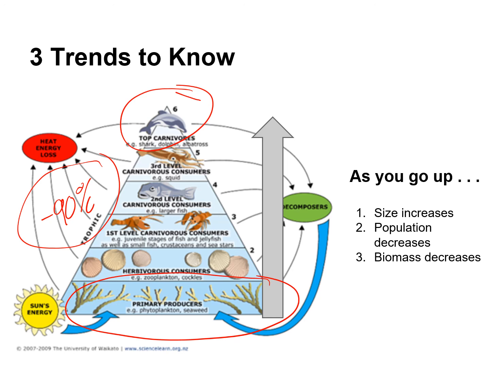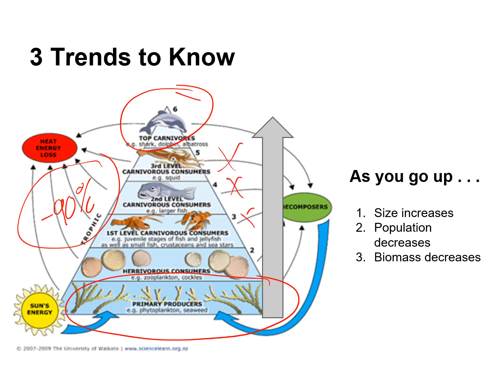So you've got this idea of larger animals and smaller populations, because there's not enough resources for them to develop into really huge populations. If the populations of dolphins took off, there's no way you'd have enough of each of these other things to actually support them.